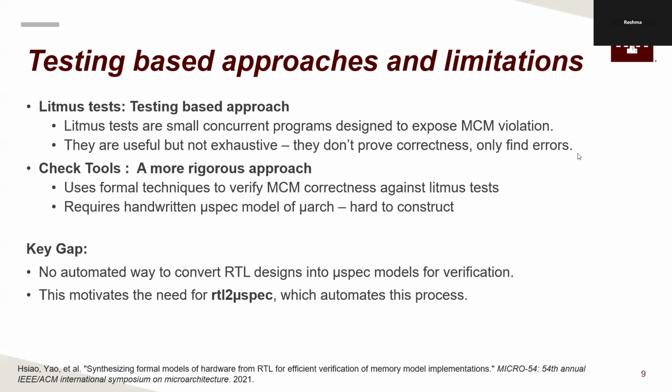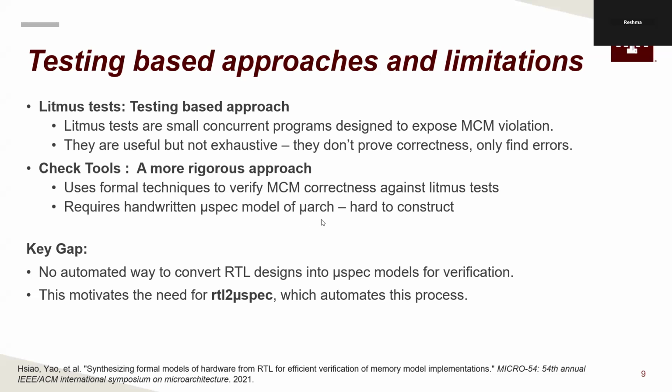Since formal verification is complex and litmus tests are very limited, we need a more rigorous approach. This is where the Check tools come in. The Check tools use formal verification techniques to analyze MCM correctness against the litmus tests. Instead of just running the test, they mathematically prove whether a microarchitecture sticks to its memory model.